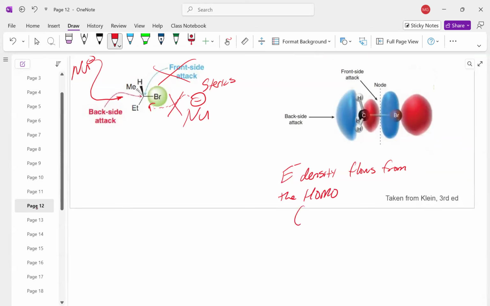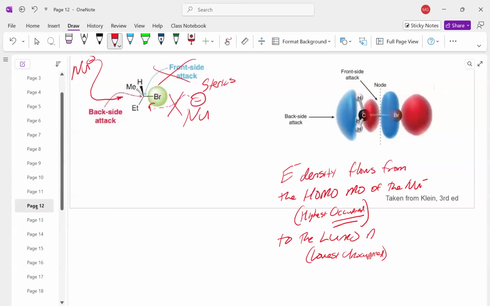Remember, that's what the H and the O stand for. Highest occupied molecular orbital of the nucleophile to the lowest unoccupied molecular orbital of the electrophile.